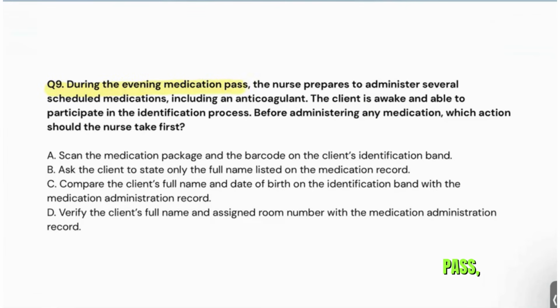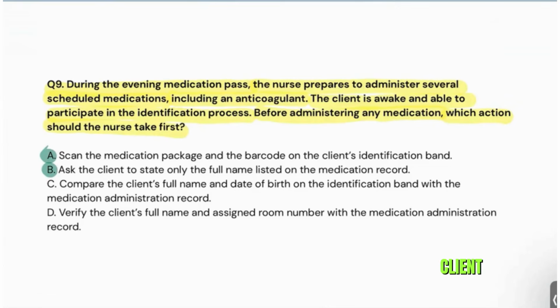During the evening medical pass, the nurse prepares to administer several scheduled medications, including an anticoagulant. The client is awake and able to participate in the identification process. Before administering any medication, which action should the nurse take first? So is it letter A, scan the medication package and the barcode on the client's identification band?